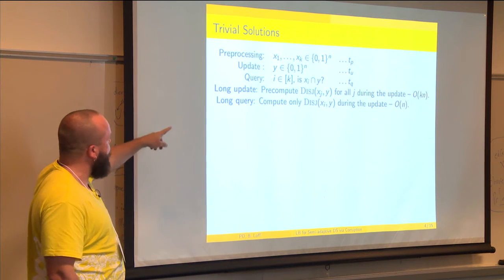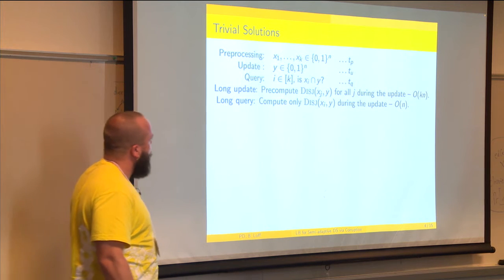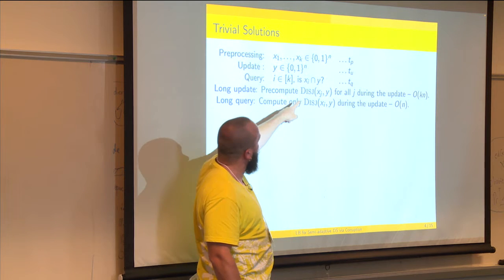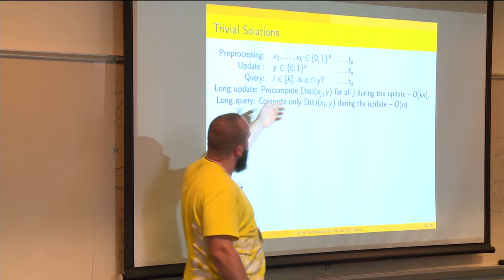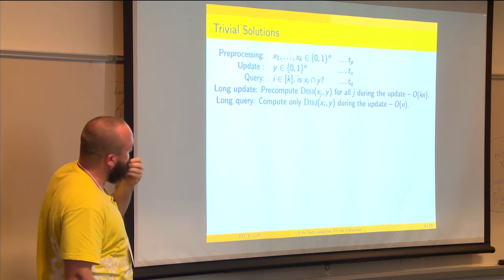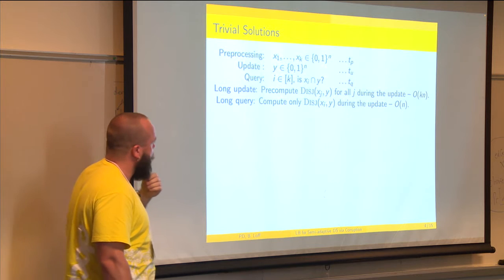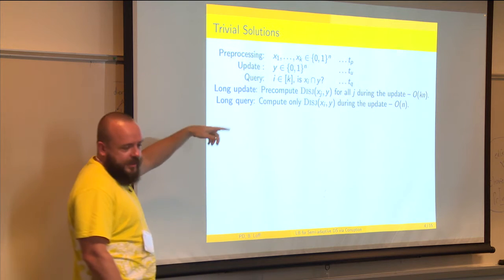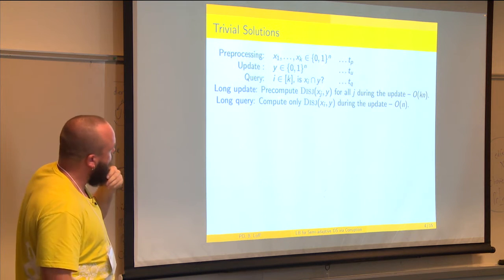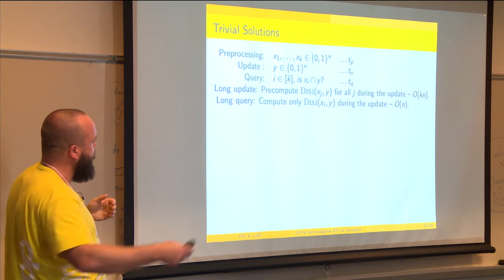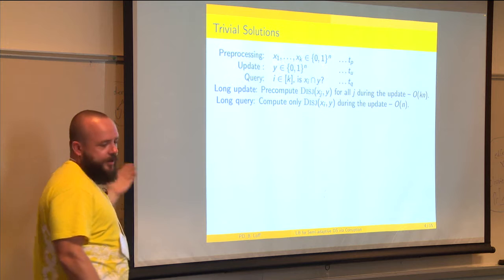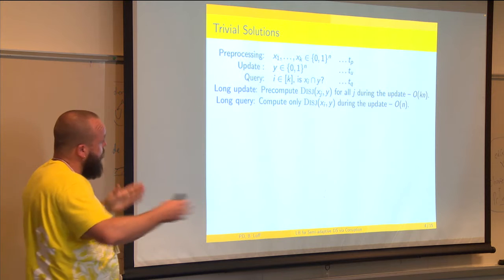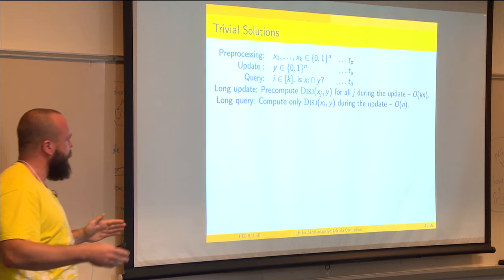So one trivial solution is a long update, where we precompute all the results for all x1 up to xk, whether they are disjoint with y or not. Then our time for the update is k times n, because we need to read k times n bits. And the query is then constant, right? We just have an array of the precomputed solutions for all queries.